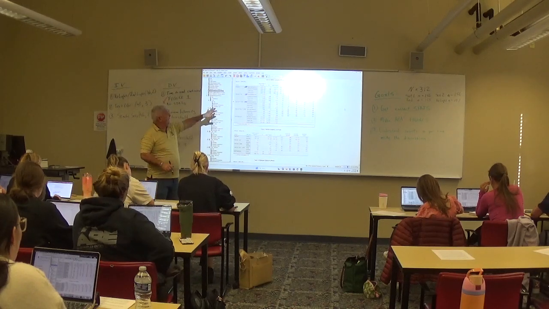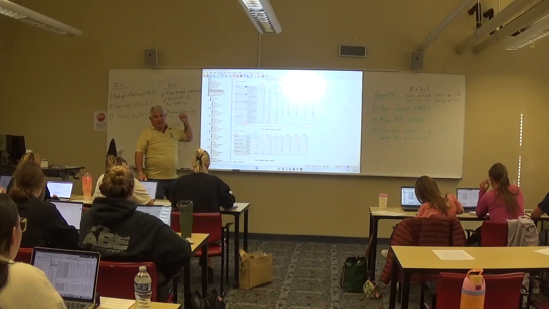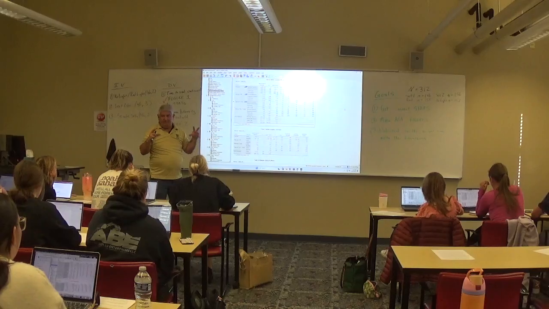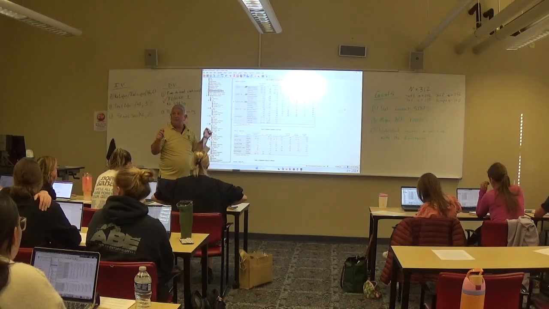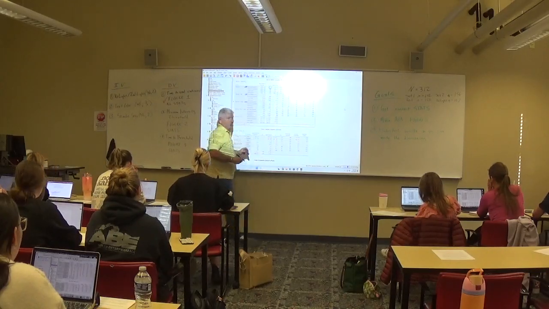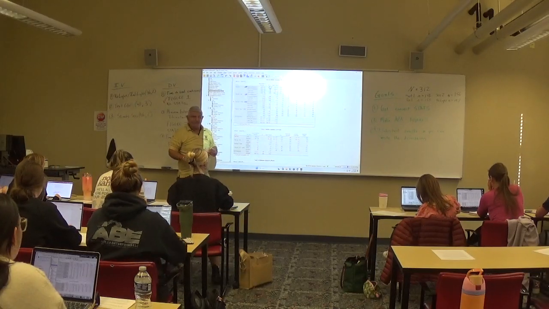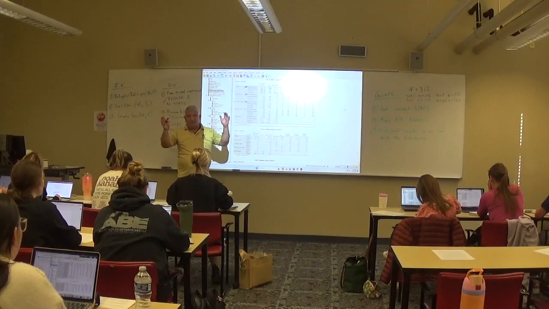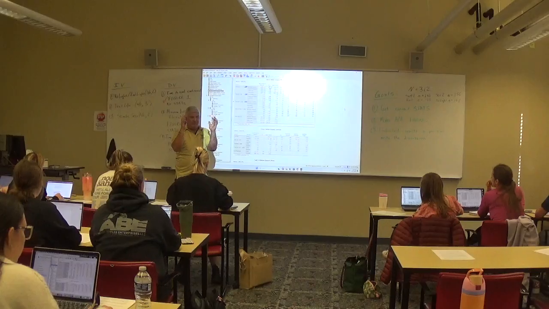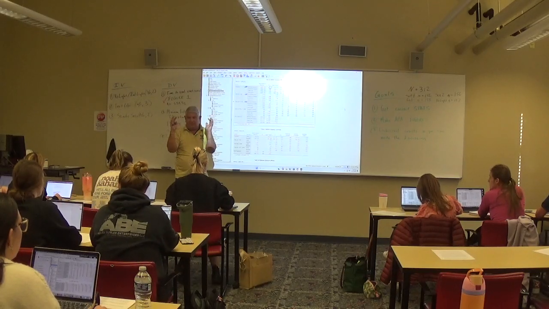But what am I reporting number-wise out of here as my stat in my results section? What's that? Yeah. Degrees of freedom. And what? Yeah, let's do it in order. So we're going to have F, and then in parentheses, there's two numbers. The first one's degrees of freedom. What's the second one?